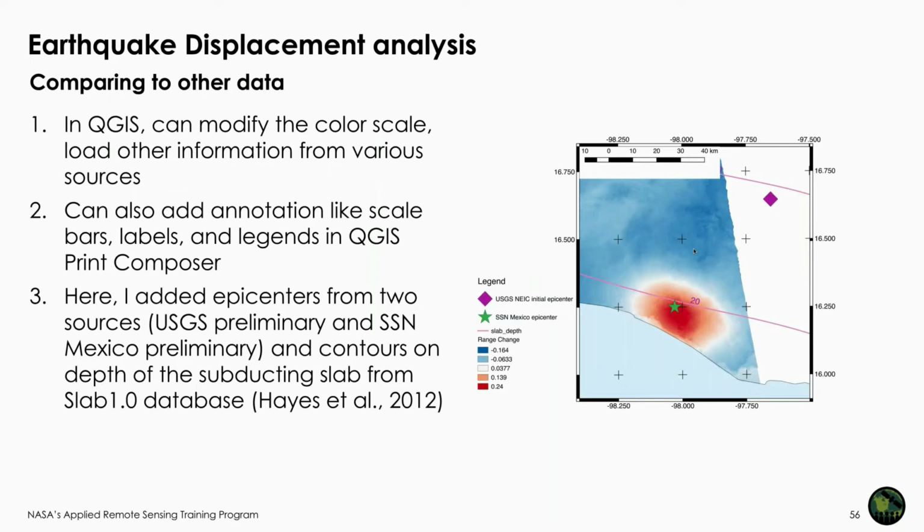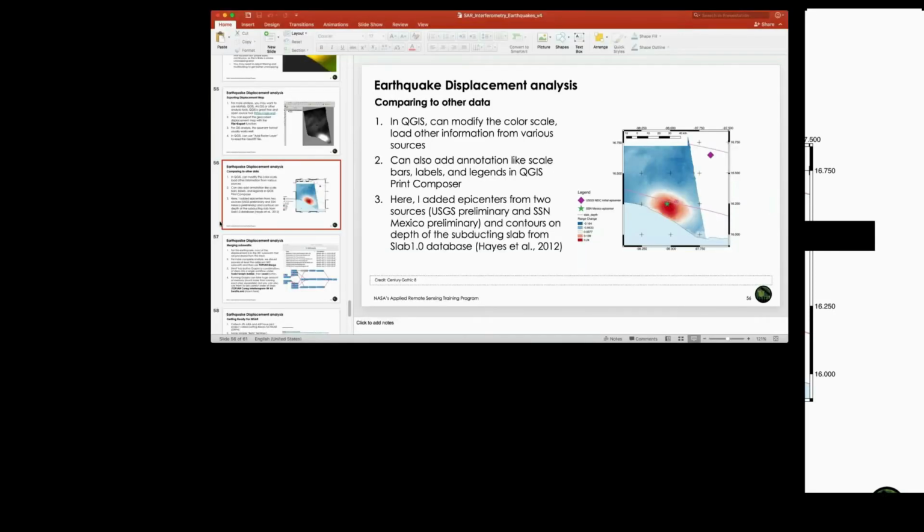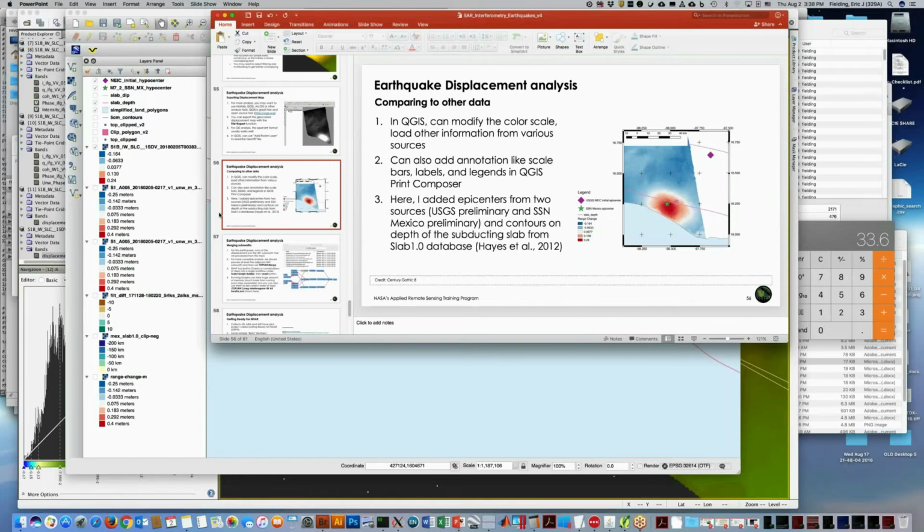It's the same things, but adding a latitude, longitude grid and a scale bar, and actually projecting it into UTM projection. So you can do a lot of things once you have it in a GIS like this, or put it into something like GMT, the Generic Mapping Tools.